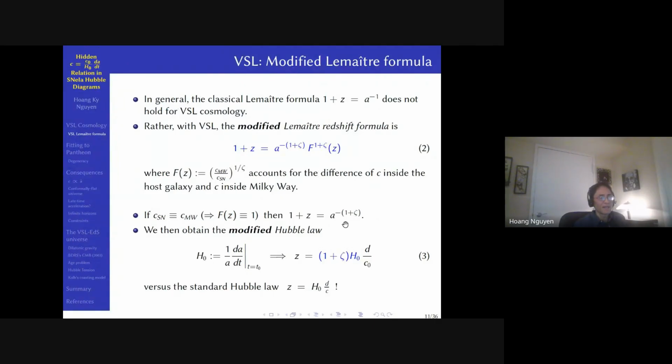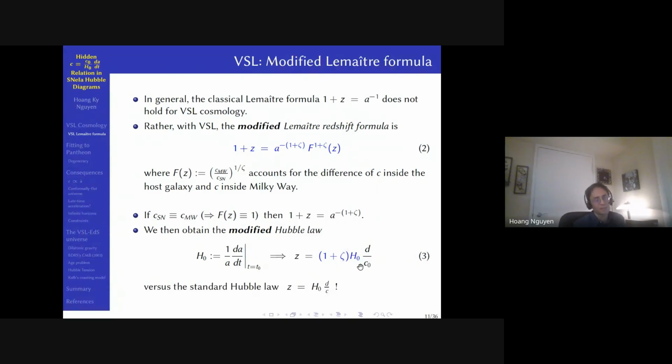And from here, interestingly, from this new modified Lemaitre formula, we have the modified Hubble law. Okay, and in this Hubble law, for the low Z limit, Z is proportional to D as usual. However, the coefficient is different. The coefficient is no longer H naught as usual, but it is 1 plus zeta of that.